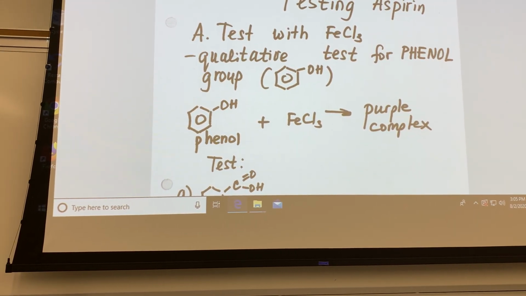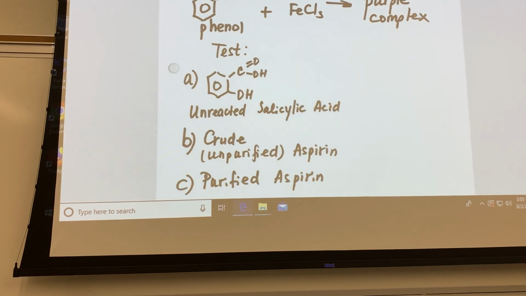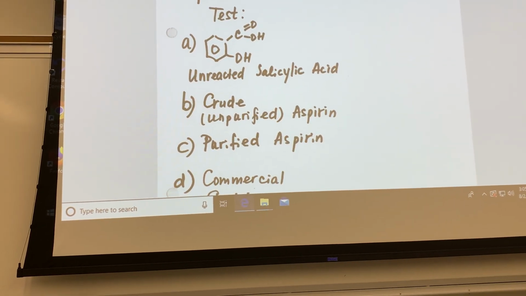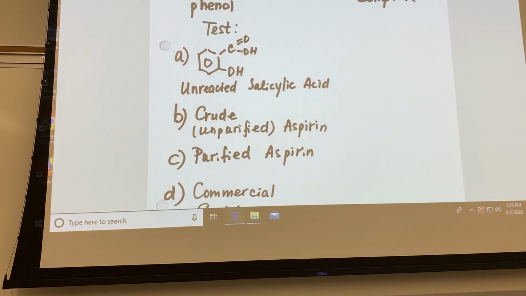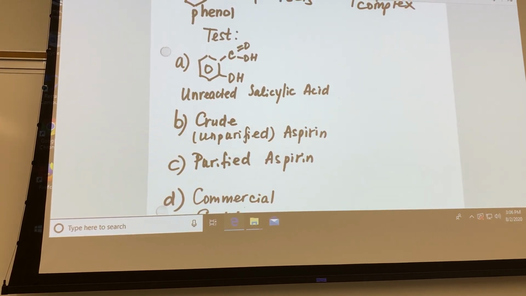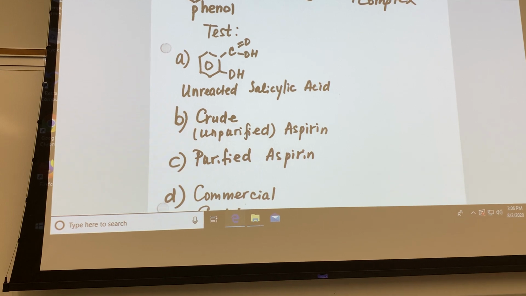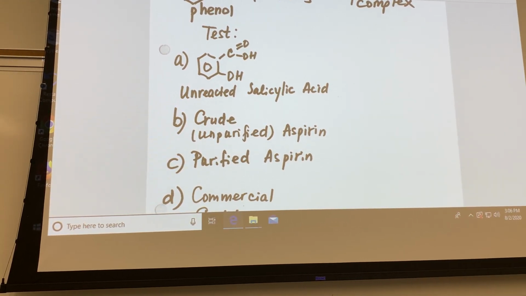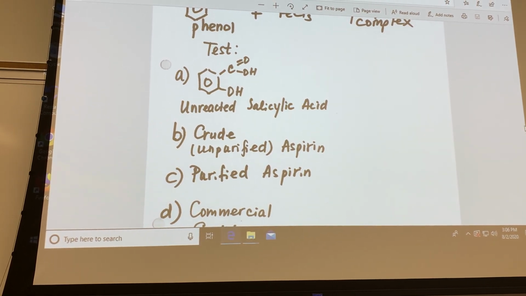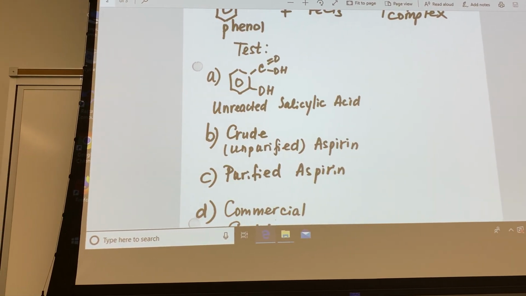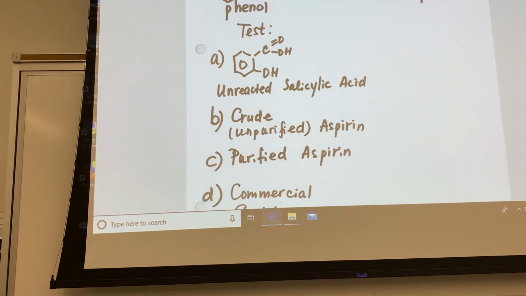So what kinds of things are you going to be testing? Well, they're listed right here. Normally, if you were here in class with me while I was doing this, I would be asking you to make some predictions based on the structures you're seeing and based on what we've discussed already, whether or not you would expect to see some color change upon addition of FeCl3.